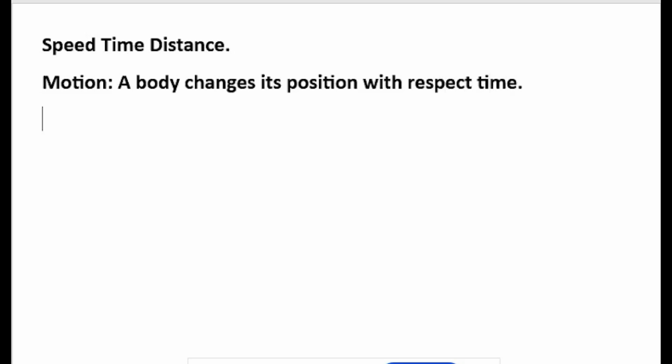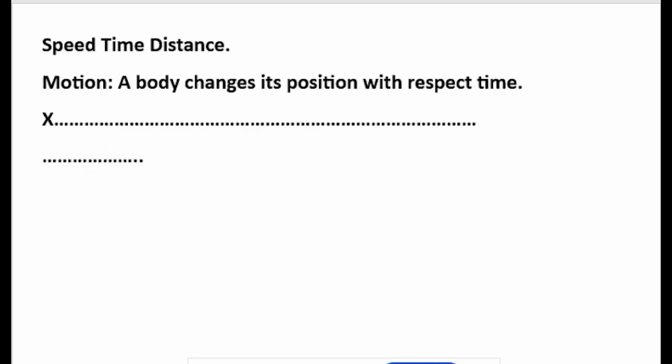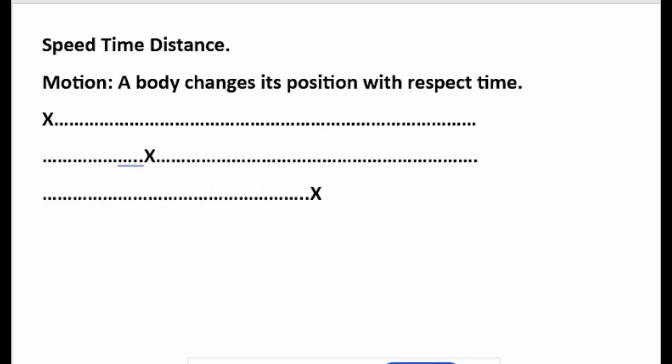That means, supposing this body is here, and there is a straight path. After 1 second, the body should be here. The position will change. Again, after say 2 seconds, the body should be here. So the position of the body should change with time.